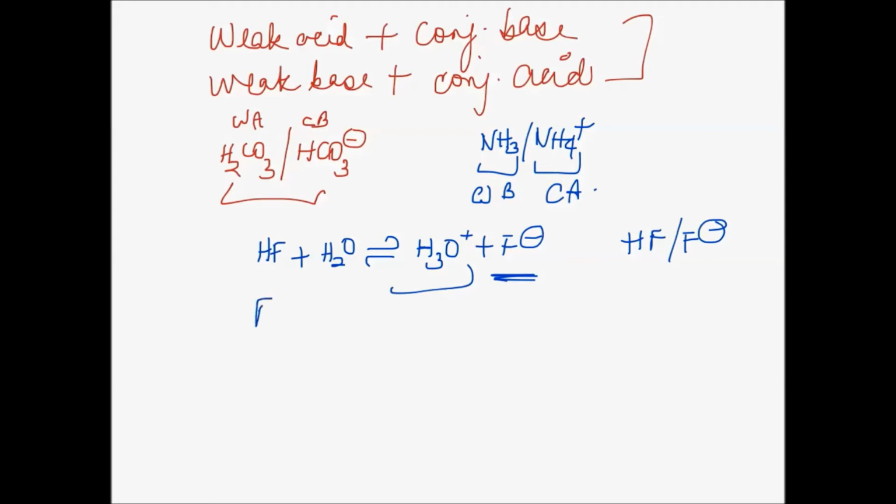Likewise, if you consider the backward reaction, or the fact that fluorides generate a slightly alkaline solution, if you put that in water, it's going to rip off the proton and give you HF and OH negative back, right? So F minus is giving you HF, but it's not sufficient.